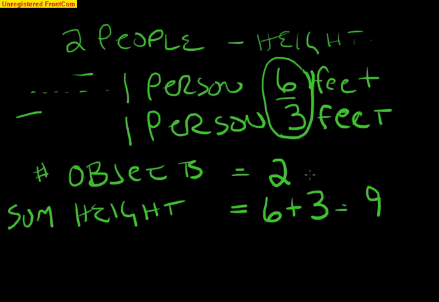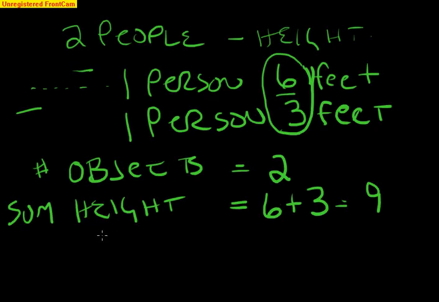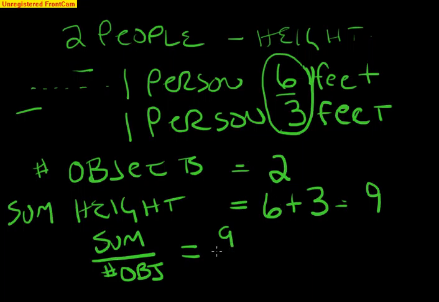So if we want to calculate our average, we're going to take our sum and divide it by the number of objects, and I'll just write OBJ. So in this case, we would have our sum, which is 9, divided by 2, and what we would expect is a number halfway between 6 and 3, somewhere here in the middle.